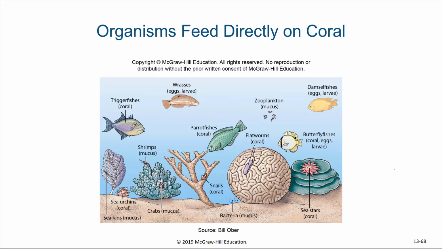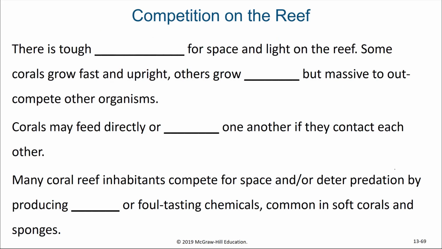It turns out that a variety of different types of organisms are able to feed directly on the coral or the coral products, including mucus produced by the coral, along with their reproductive cells. There is tough competition for space and light on the reef.